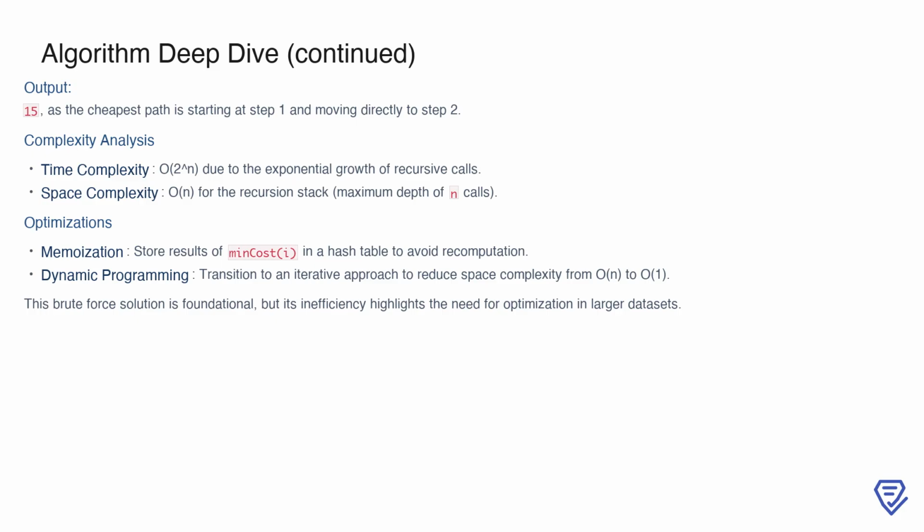Memoization allows us to store the results of min cost i for each step, avoiding redundant calculations. Alternatively, we can transition to a dynamic programming solution, which computes results iteratively and reduces the space complexity to 1. While the brute force method is useful for understanding the problem, these optimizations are essential for handling larger datasets efficiently.